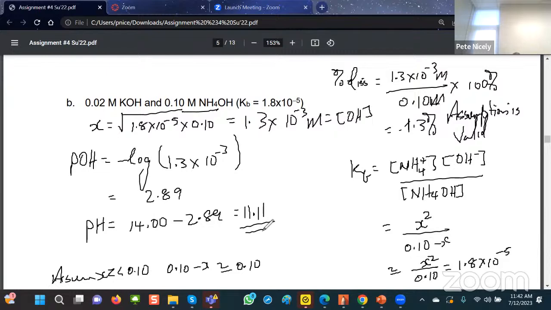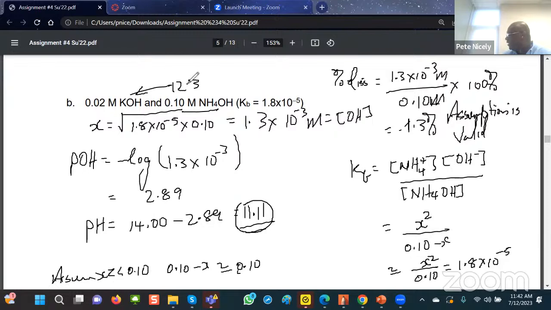Any questions? Oh, we're not finished yet because it says compare the pH to the previous one. So the pH we got here for the ammonium hydroxide is 11.11. And the pH that we got originally was what? For the potassium hydroxide, 12.3, right? So for the potassium hydroxide, we got 12.3.